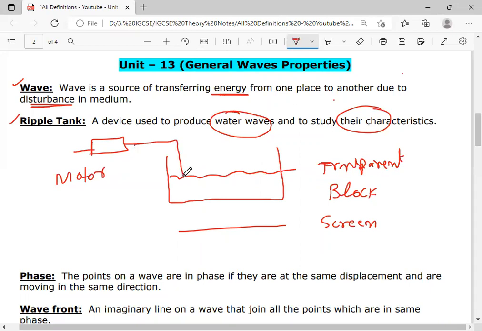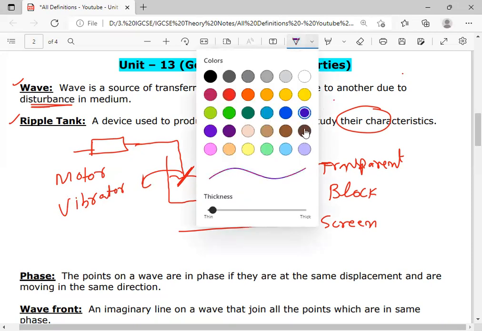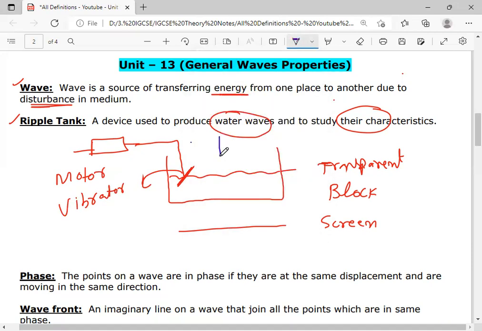It is connected with the vibrator. And in order to view the waves more clearly, we hang the bulb over here. So in this way, simply you can draw the labelled diagram of the ripple tank. You have to label the different parts of the ripple tank as well.